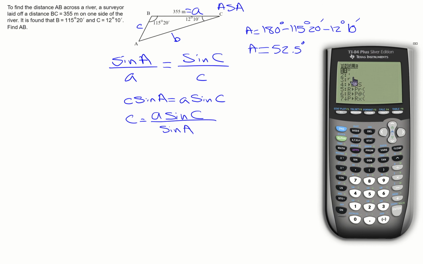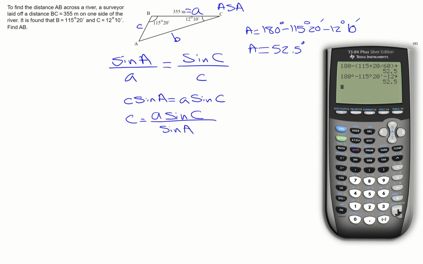This time we're going to choose the second option for minutes, like that, and then minus 12. We'll bring up the menu again, degrees, and then 10 minutes. All right, so when we do that, of course, we get the same answer.